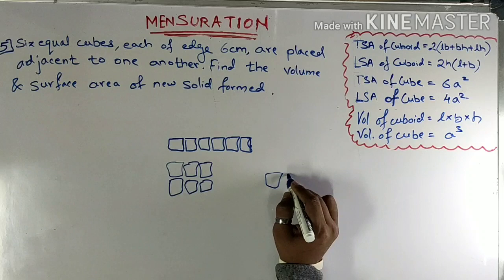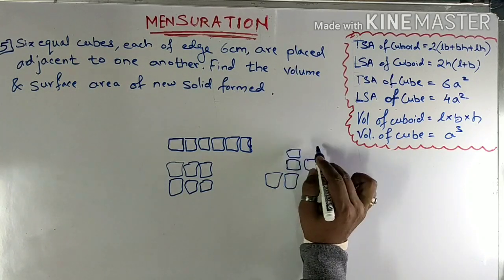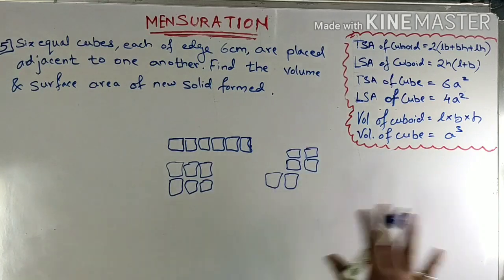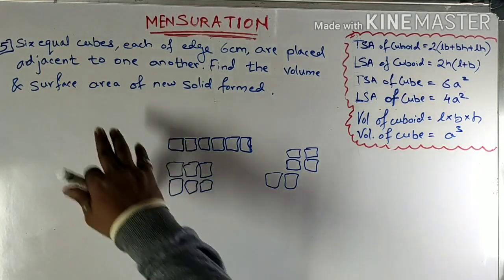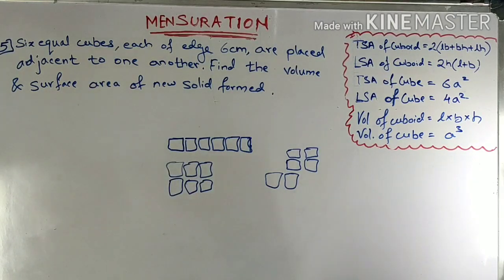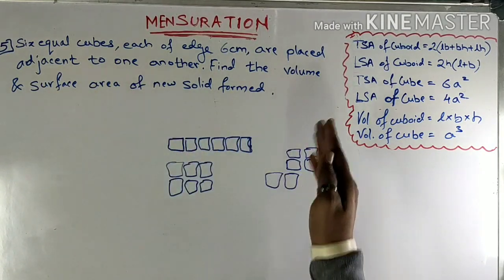Or there is one more way, like that. There are n number of ways that we can find to arrange 6 equal cubes, but sticking specifically to this adjacent to one another case, it will be this, that is one after the other adjacent.